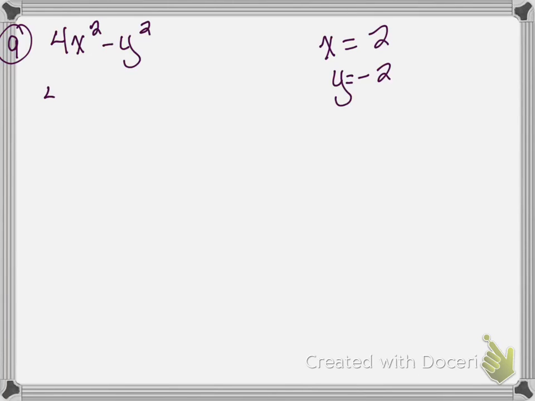So I'm going to have 4, 2 to the second power. Do you see how I wrote that? You do have to be a little bit careful with that. Minus -2 to the second power. If you made a mistake on this one, it would have been with that double negative. We see that double negative and we immediately want to make it plus. Correct?